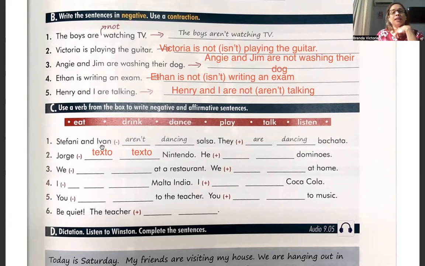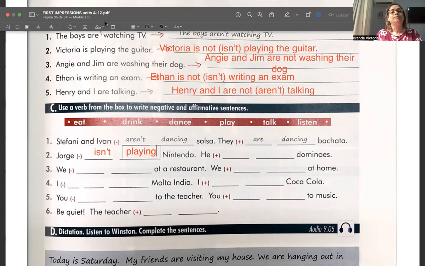So we have Stephanie and Ivan, negative, aren't dancing salsa. They are dancing bachata. Okay, so we have Jorge, negative, so it would be isn't. And here we have Nintendo. We have to use playing. Jorge isn't playing Nintendo.